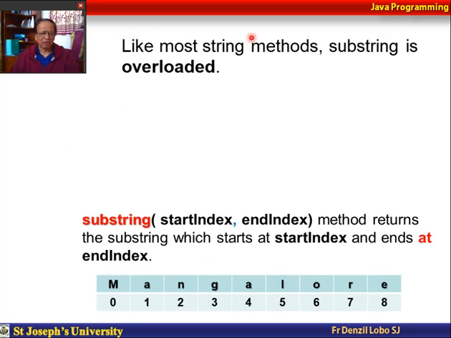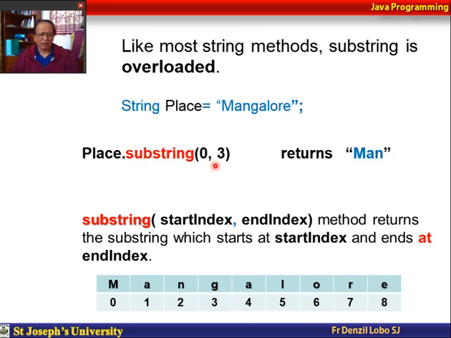It is also like any other method in Java. This is an overloaded method, so as you see here, I could have two arguments, the start index and the end index. I have assigned Mangalore to place again. If I say substring 0, 3, that means starting from 0 up to the third, that means 0, 1, 2, it is going to return Man.